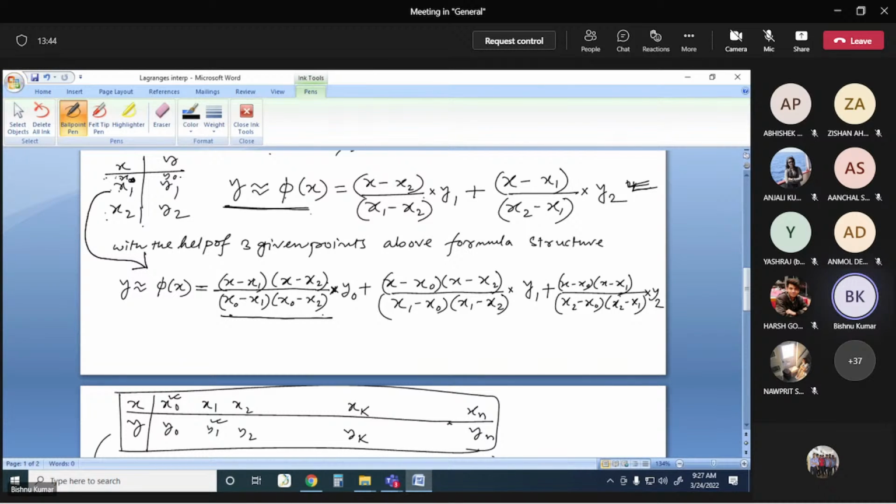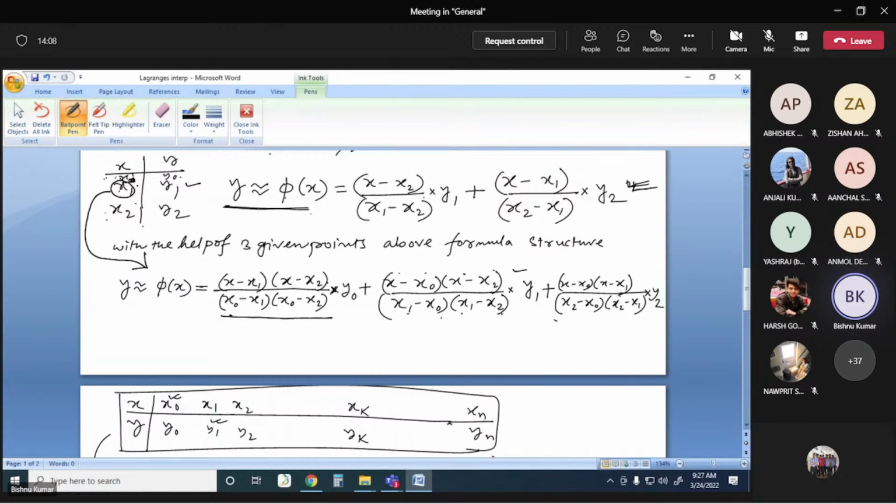Are you able to do this? So what will be the second term? Except the second value, all the remaining x values you just subtract: (x minus x0)(x minus x2), and in the denominator, from the second value subtract the remaining x values. The second value is x1, so (x1 minus x0)(x1 minus x2), and the corresponding second y value, y1, is multiplied.